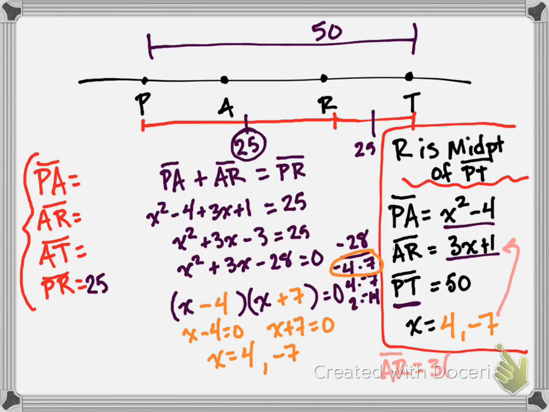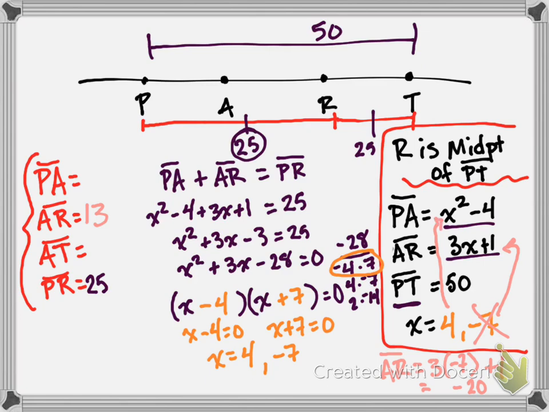AR equals 3 times negative 7 plus 1. Well, look at this. We get negative 20 out of that. Now, AR can't be a negative length, so we're going to say x is actually not one of our x answers. But if we plug 4 in, we will get a 13, it looks like. So our AR length is 13. We plug 4 in up here for PA.